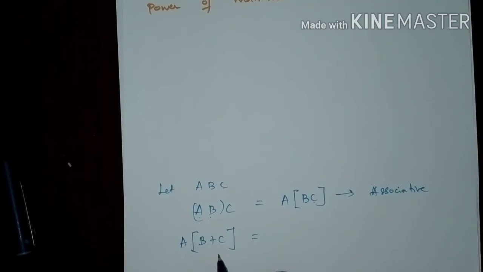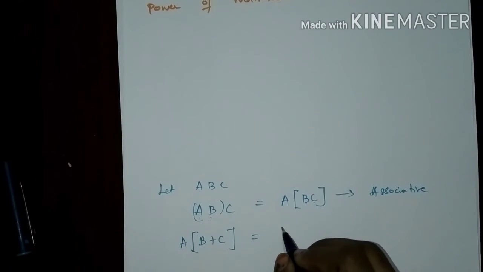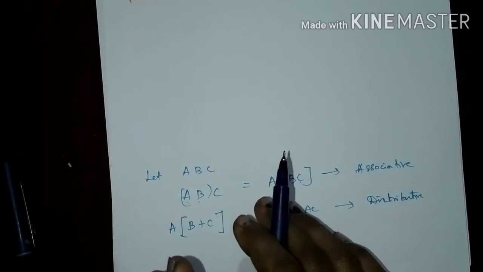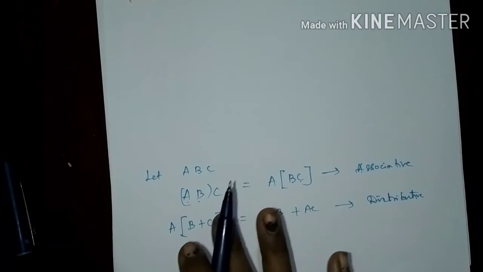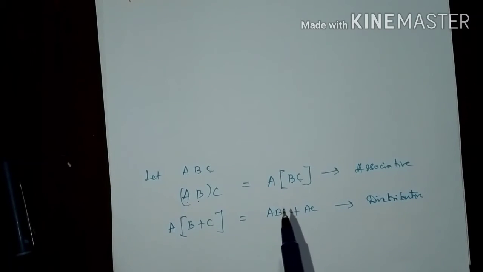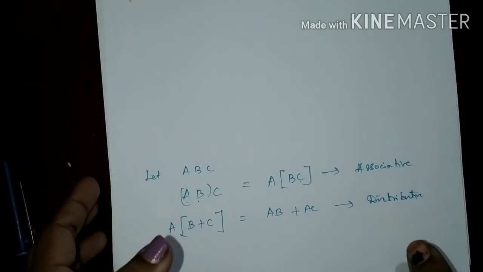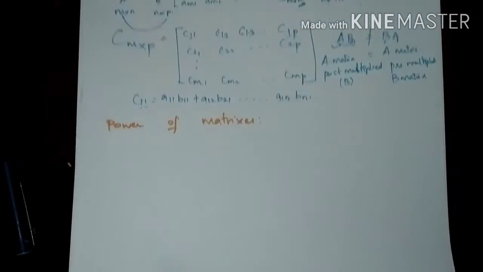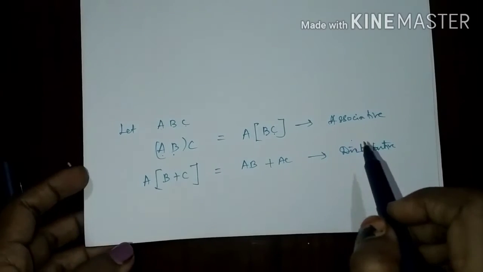When two matrices are added and then multiplied with A, we get the distributive property. In matrices, the commutative property is not satisfied, whereas the associative and distributive properties are satisfied.